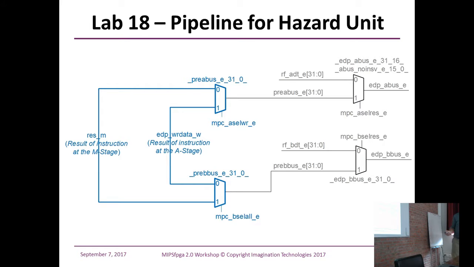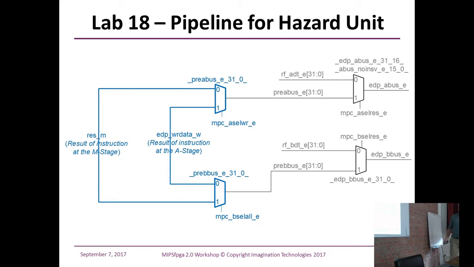Okay? And the forwarding can come from two different stages. The next one, or the next to the next. The M stage or the A stage. Okay? And that's determined by these two control signals.